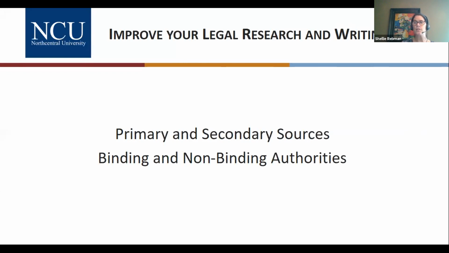Secondary sources provide guidance on the proper interpretation and application of law, but they're never binding. They're never binding on any court in any jurisdiction. So those are the lowest level. If you were to do a hierarchy, those are at the lowest level of the legal resources that you want to find.